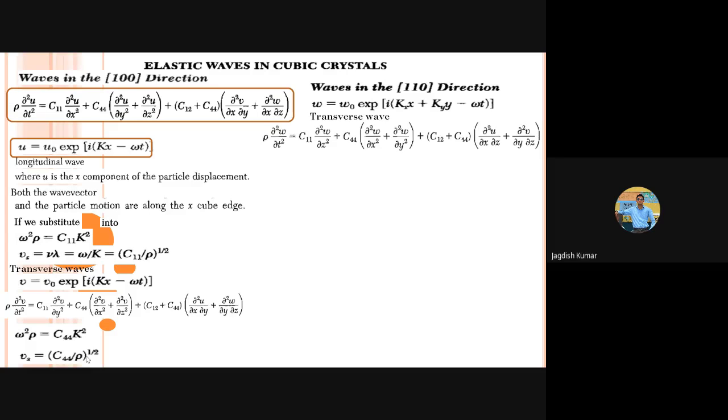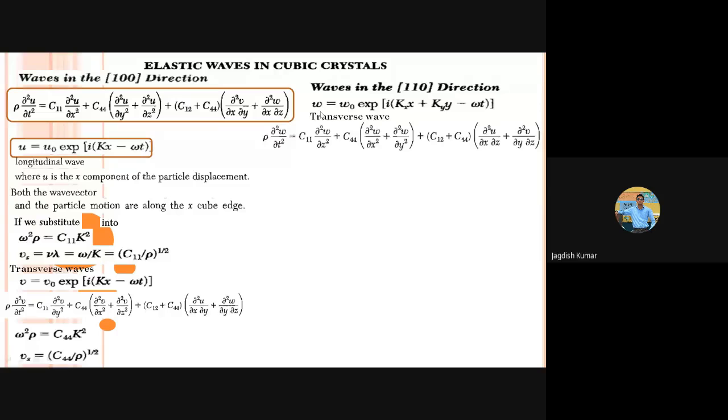These are transverse waves, not longitudinal. Why so? Because the direction of propagation is 110. So this is representing a wave actually traveling along the 110 direction, and it is 110 when kx is equal to ky. So we have written a general expression. So 110 means kx is equal to ky. That represents a wave traveling along the 110 direction.